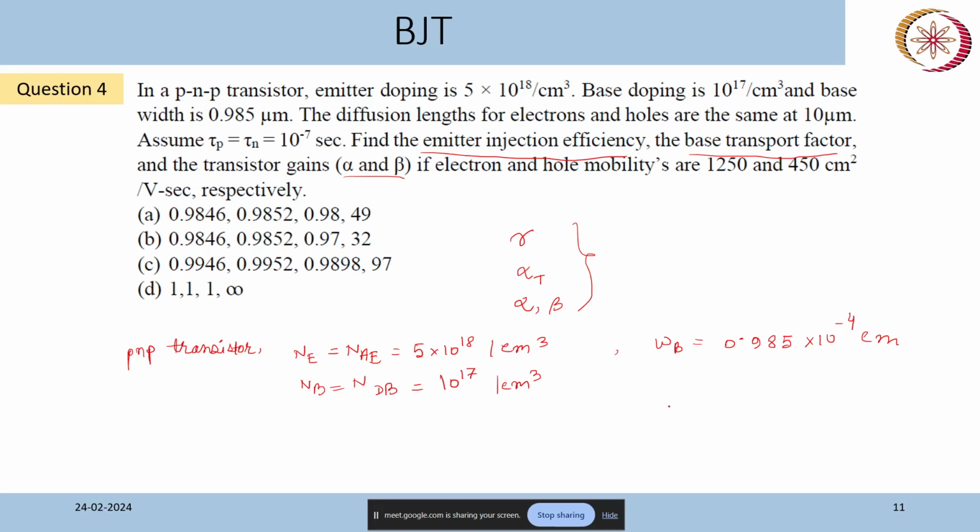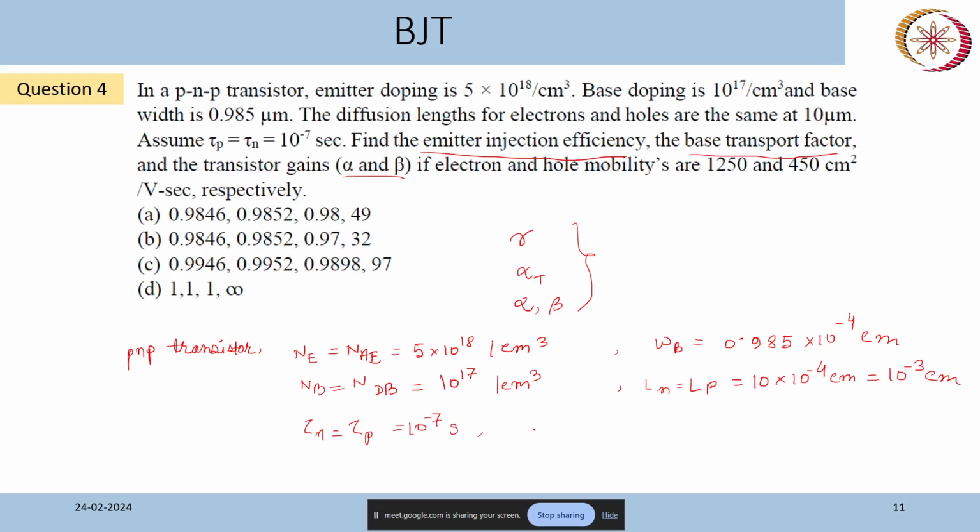The diffusion lengths are given, denoted as Ln and Lp. It is 10 micrometer, again I am writing in terms of centimeter. Tau n and tau p, the recombination lifetimes for electrons and holes, are given as 10 to the power minus 7 second.